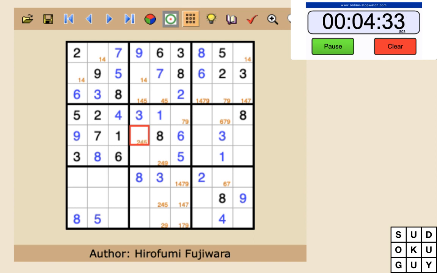This row missing 2, 4, and 5. This column missing 1, 4, and 7? This column missing 1, 4, and 6. Okay, that's gotta be a triple right there.